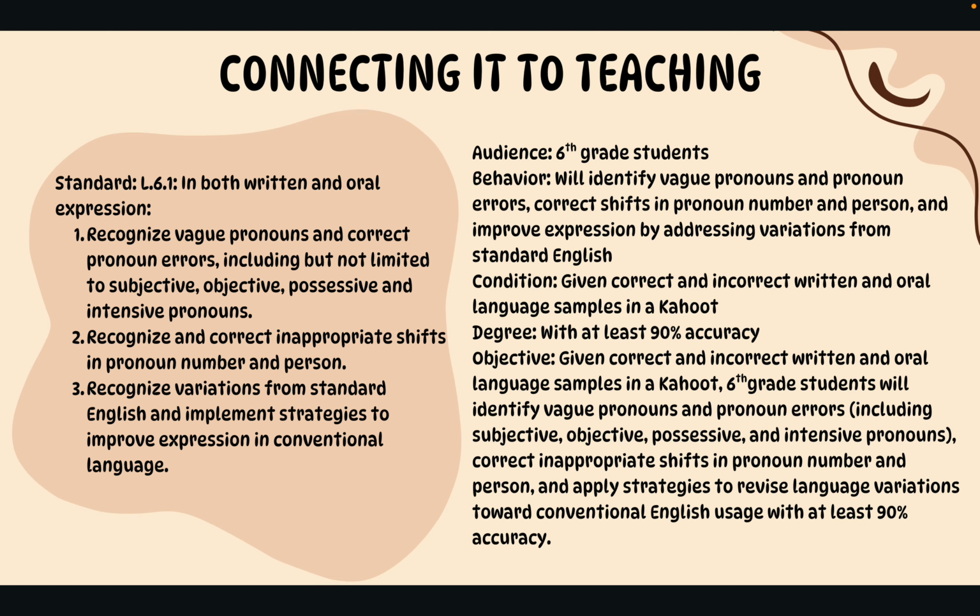So that creates an objective: given correct and incorrect written and oral language samples in a Kahoot, 6th grade students will identify vague pronoun and pronoun errors, including subjective, objective, possessive, and intensive pronouns, correct inappropriate shifts in pronoun number and person, and apply strategies to revise language variations toward conventional English usage with at least 90% accuracy.